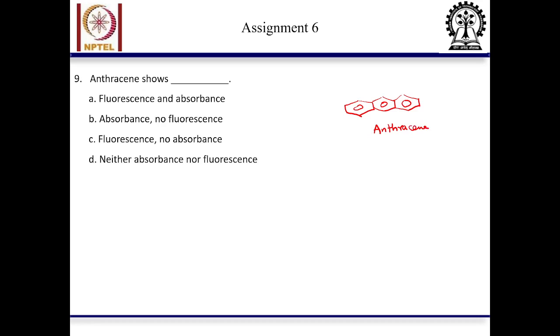Okay, fine. So anthracene has both fluorescence and absorbance. Let me draw the absorbance and fluorescence spectra. So we'll be having something like this.